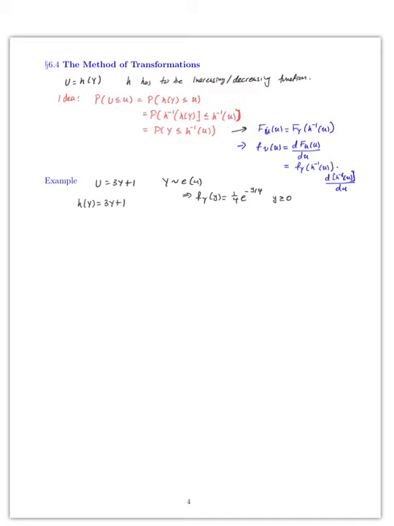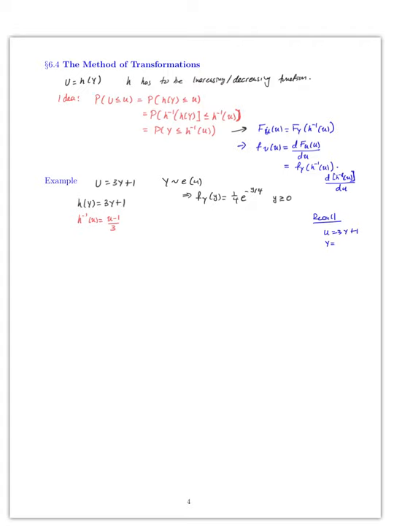Now, since this is a linear equation, it is very easy to find the inverse. So you remember from algebra, the inverse function of u is going to be technically just u minus 1 over 3. So you should check. Remember to find the inverse, and this is from pre-calculus, we have u equals 3y plus 1.